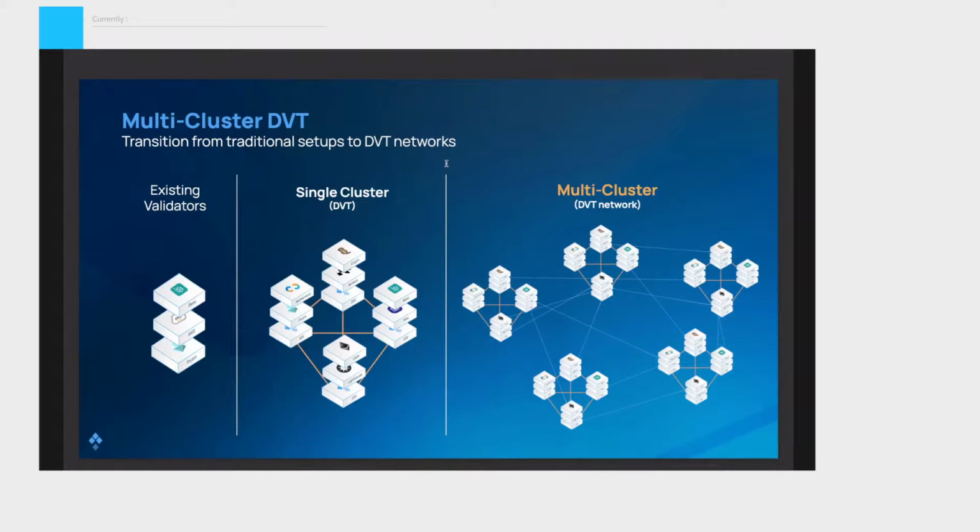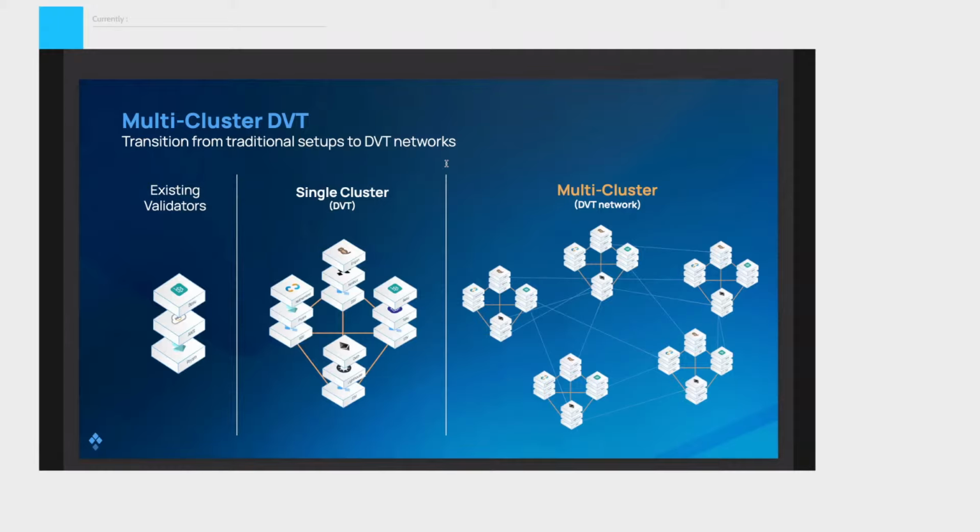From the ground up, we've built it as a multi-cluster type of node, so one node on SSV can handle 1,000, 2,000, 3,000 clusters, because it's on the same mesh and it can just communicate with other operators. With Obol, at least currently, for each cluster you need to run another Charon client.